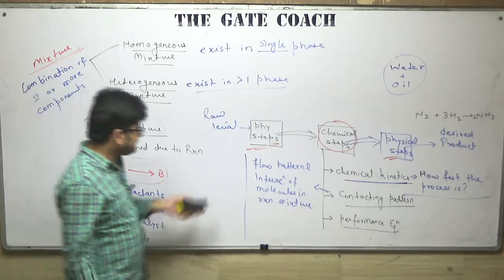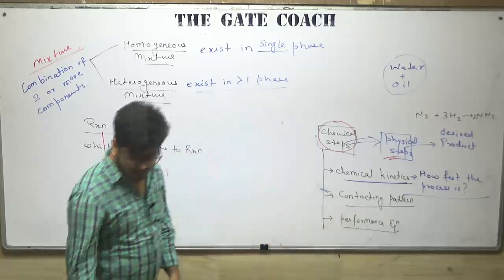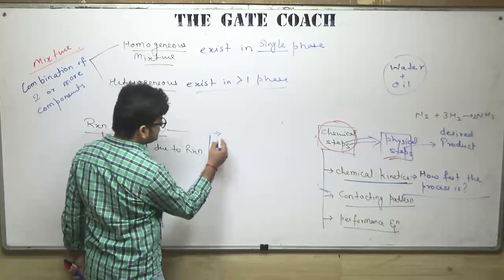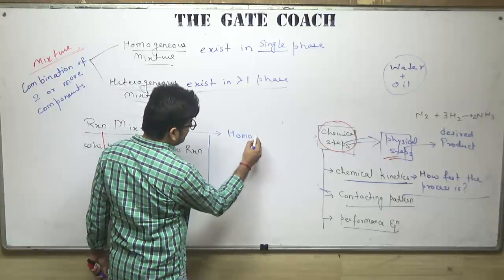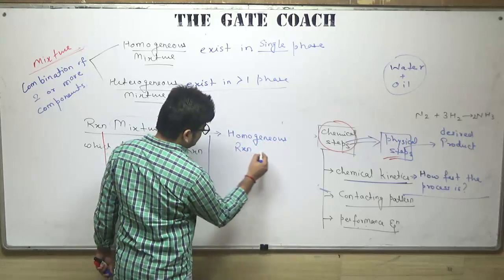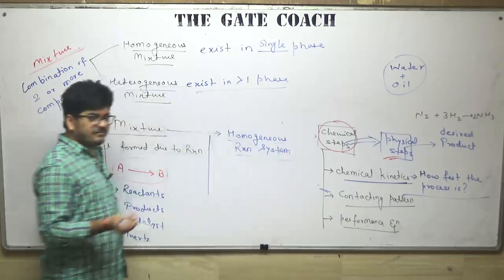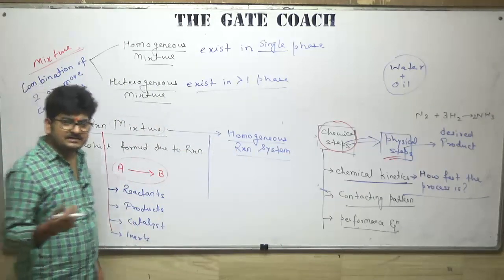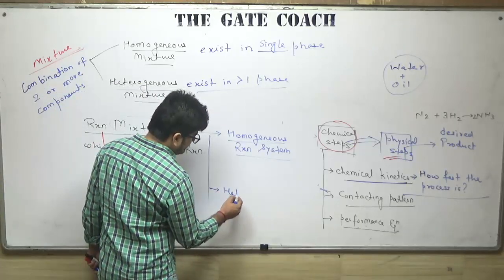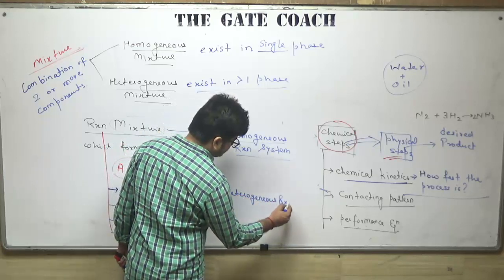Similarly, reaction mixture can be classified into two categories. Based on the phase, reaction system can be classified into homogeneous reaction system and heterogeneous reaction system.